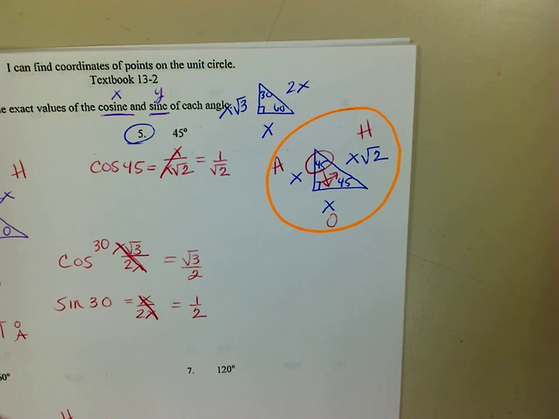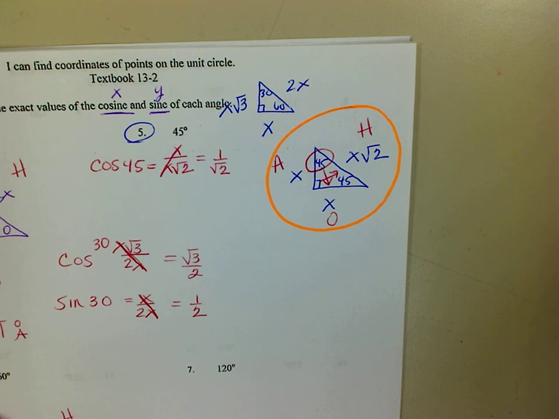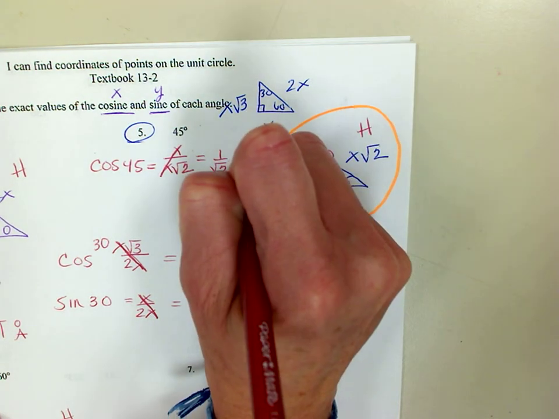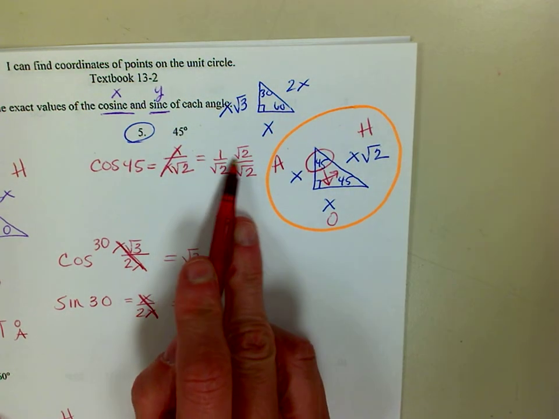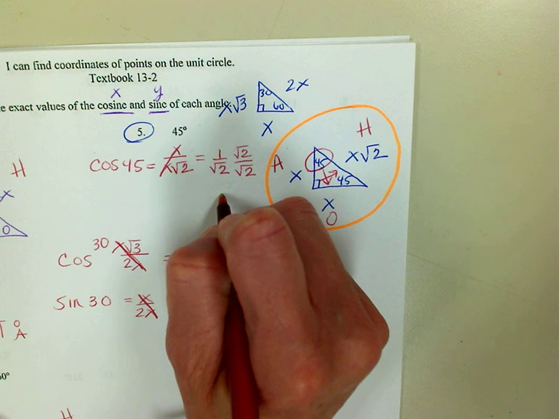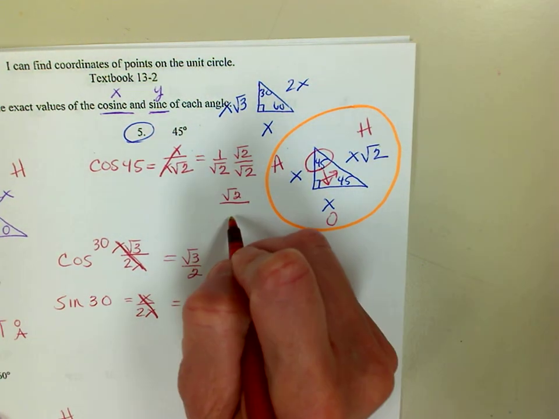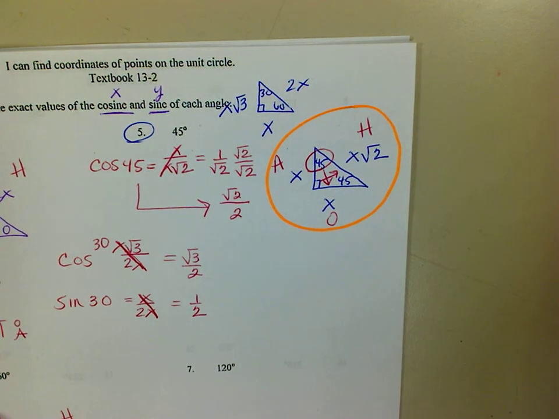You cannot have a radical in the denominator. So I have to rationalize it, which means whatever I can't have on the bottom, I have to multiply both top and bottom by that. If I multiply straight across, I get square root of 2 on the top. That's going to be the square root of 4, which is 2. That's the cosine of 45.